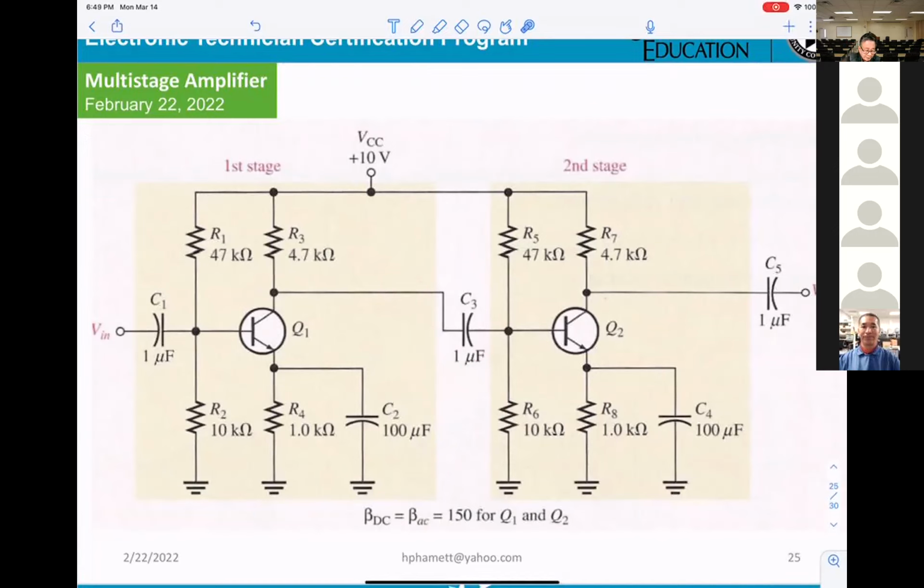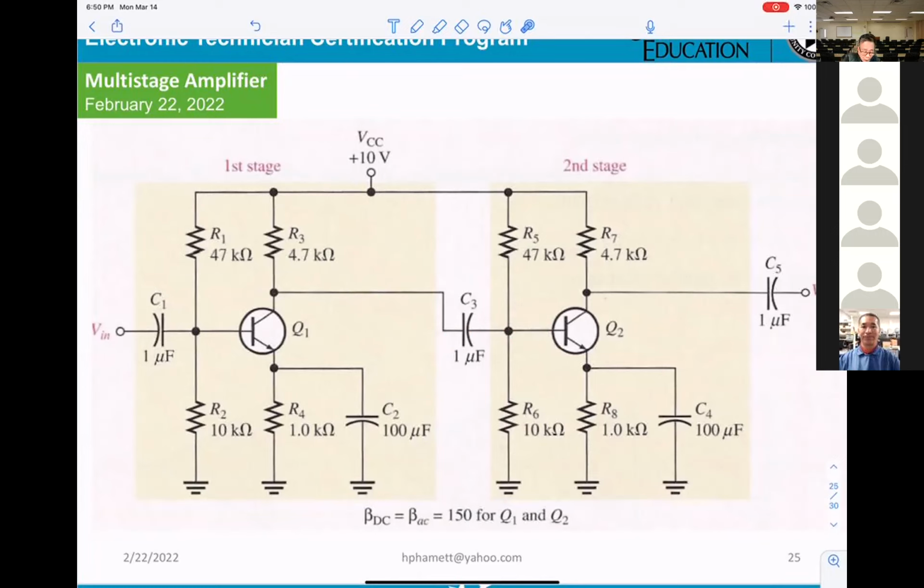So that will be coupling, okay? That tells you that you get AC right here and DC. However, when they go to the base of Q2, you don't have any DC from Q1, only AC goes from Q1 to Q2. That will be AC coupling.